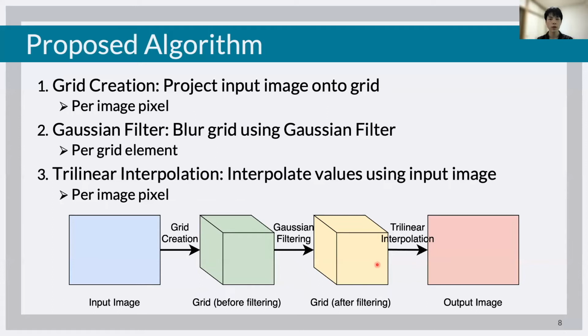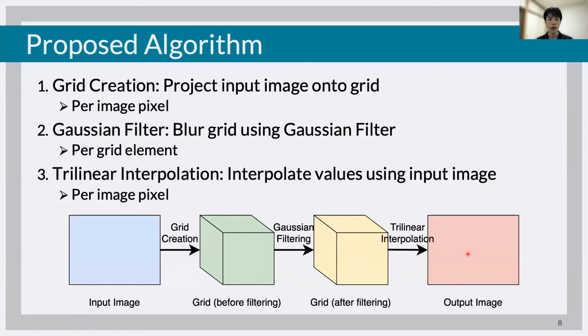Next, we focus on the hardware level improvement. The overall process is the same as the original bilateral grid. But if we create grids from all input first, then blur them by Gaussian filter at once, and finally interpolate them, we cannot make the most of the FPGA performance, and we use much memory.